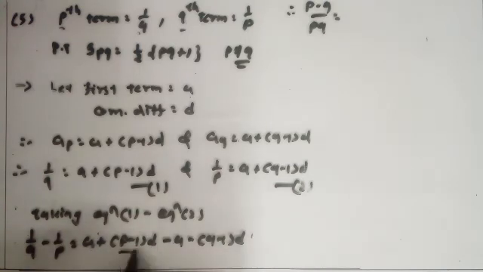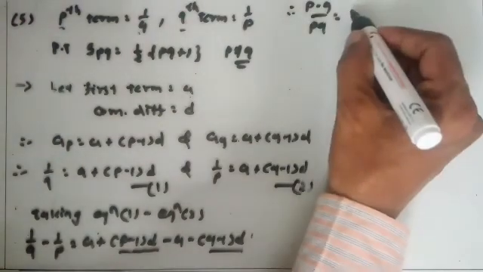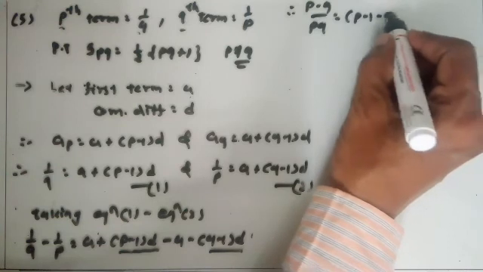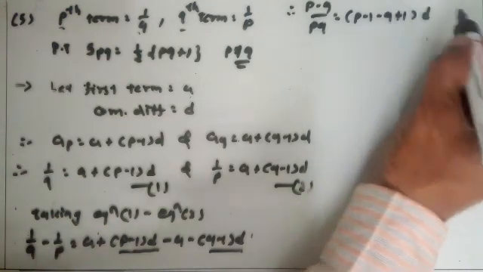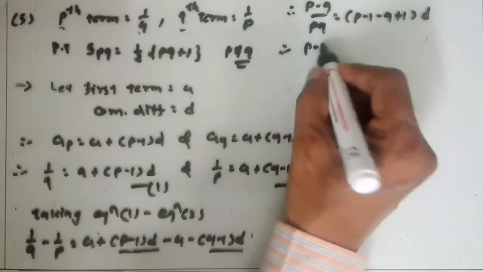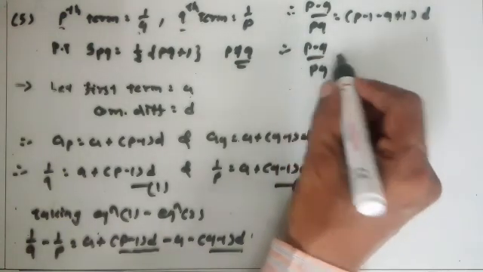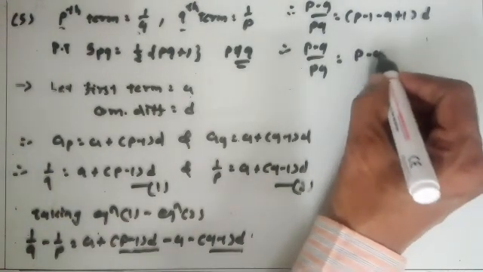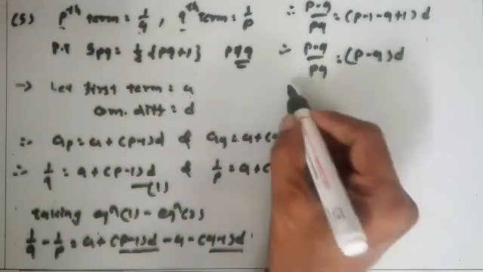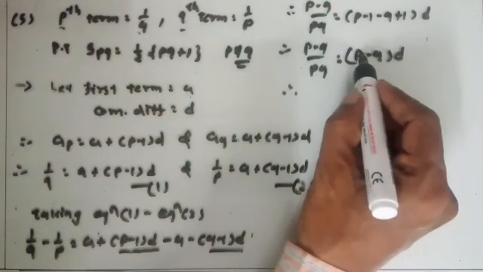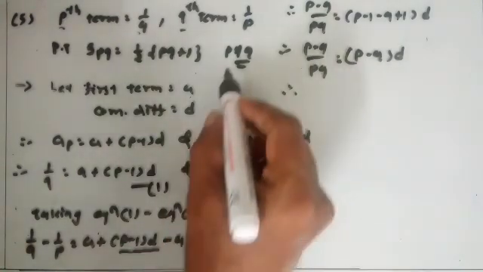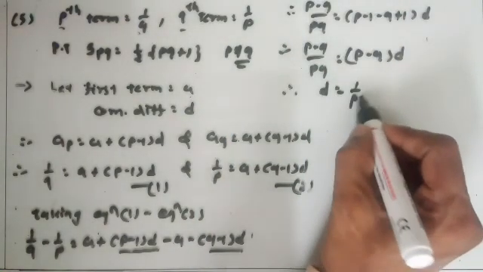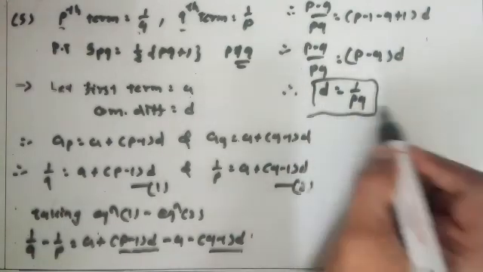From these two terms D take common, so in bracket remaining terms become P minus 1 minus Q plus 1 into D. Therefore P minus Q upon PQ is equal to minus 1 plus 1 cancel, so P minus Q into D. Therefore P minus Q from both sides cancel, because P not equal to Q given, so D is equal to 1 upon PQ. This is the value of the common difference.